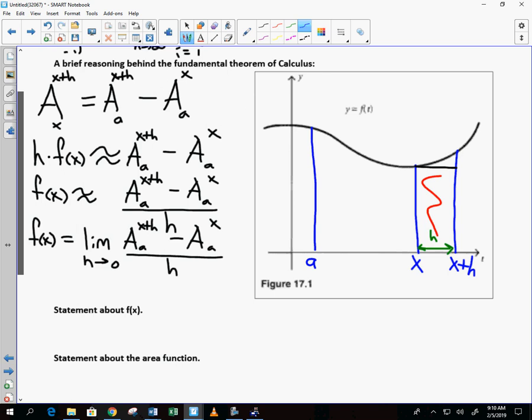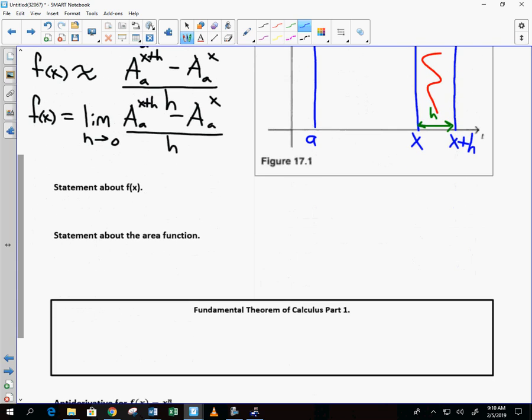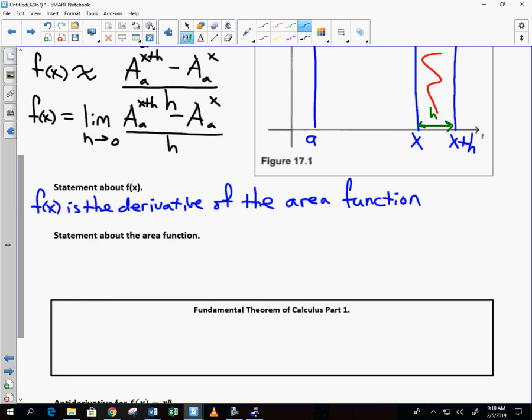So we need to make two statements. Statement about f of x. F of x is the derivative of the area function. Well, wait a minute. What we're trying to do is not go from the area function to the function.